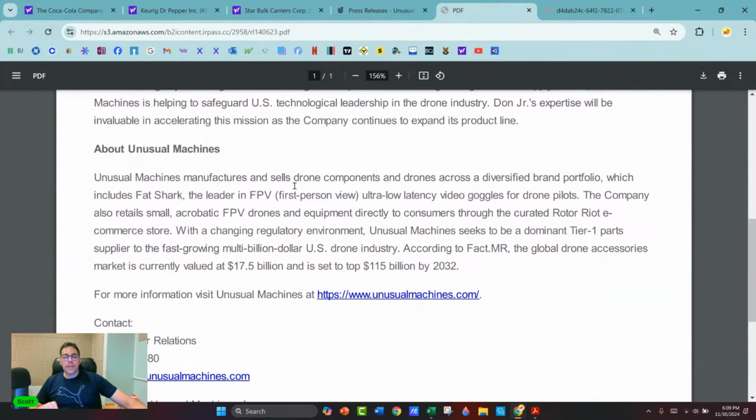They manufacture and sell drone components and drones across a diversified brand portfolio, which includes Fat Shark, the leader in first-person view, ultra-low latency video goggles for drone pilots. The company also retails small acrobatic FPV drones and equipment directly to consumers through the curated Rotor Riot e-commerce store.